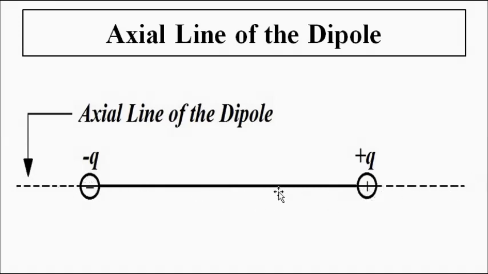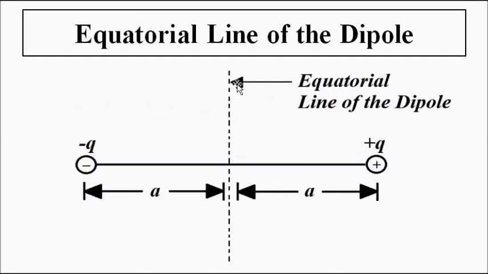Okay, this line, the dotted line in the horizontal direction, is the axial line. And the equatorial line is a line which cuts through the dipole in the vertical direction, dividing it into two equal parts in terms of length, of length a and a, because the total length of the dipole is 2a.